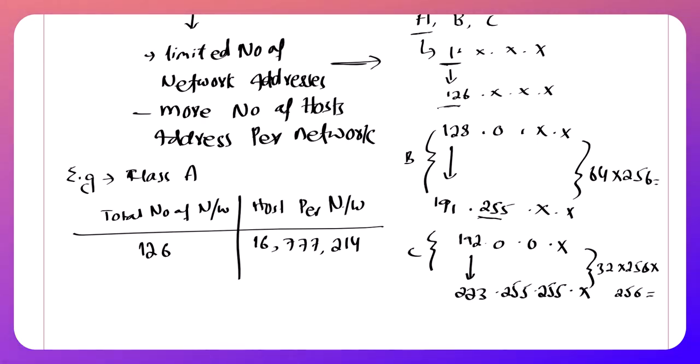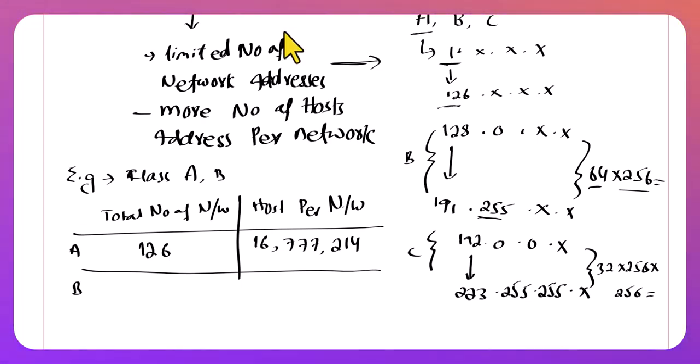Now come to class B. 64 multiplied by 256 is equal to 16,384, so the number of networks is 16,384. The number of hosts is 2 to the power 16, because here two octets belong to the host.